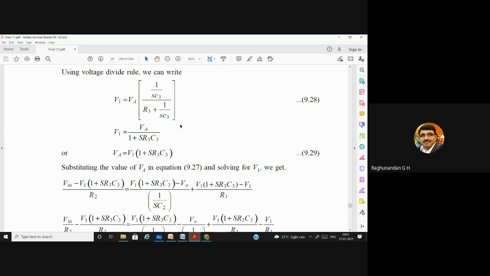After that, we simplify it, just mathematical simplification, and finally we obtain the equation for VA: VA is equal to V1 into 1 plus SR3C3.